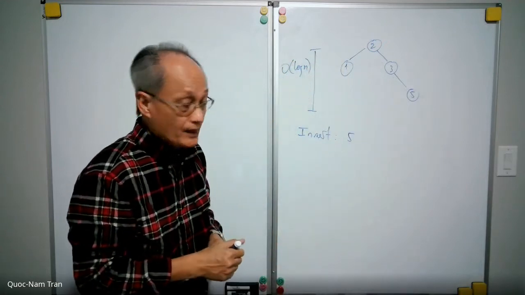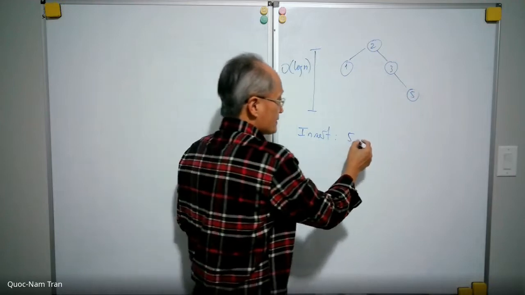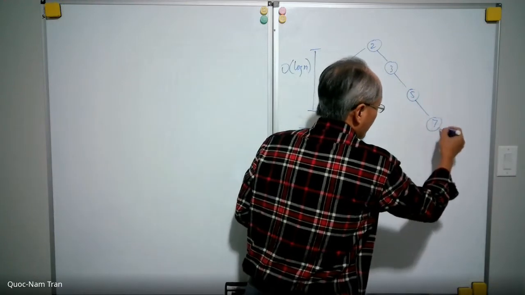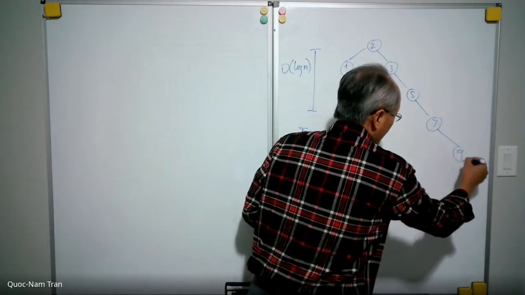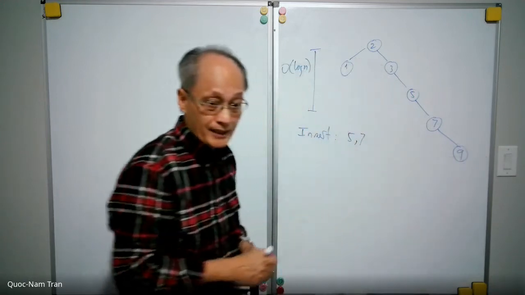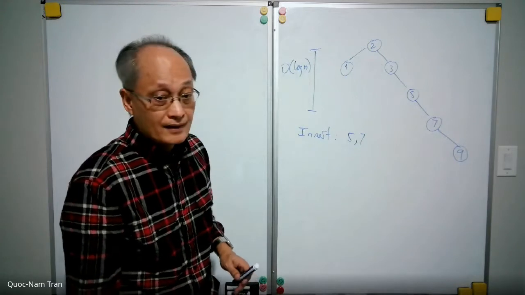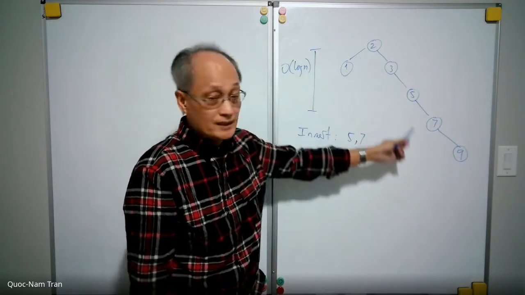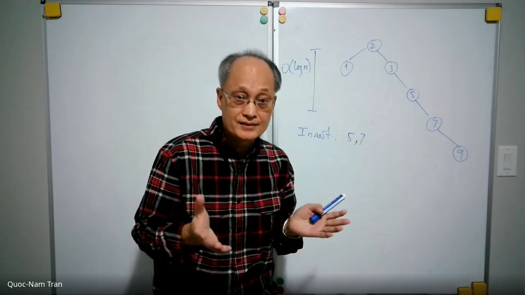Now similarly, if we insert 7, 9. So what happened? If we keep inserting elements, the tree becomes imbalanced.